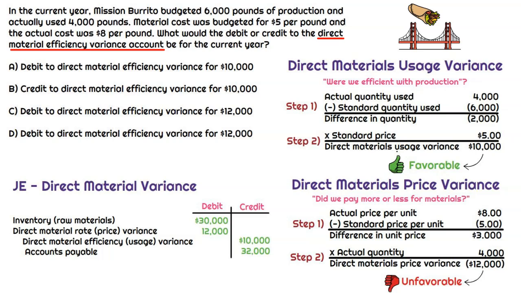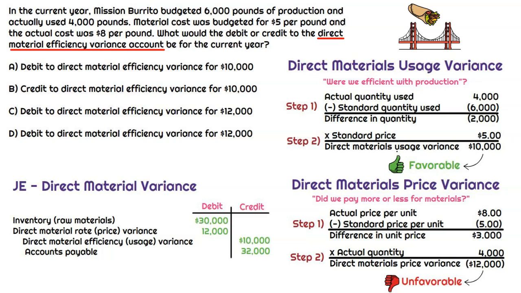So we'll have a debit to inventory raw materials for $30,000. Now for the variance that was unfavorable, that's going to be a debit here, and that's for the direct material price variance. Remember, that was $12,000. So we'll have a debit to the direct materials price variance for $12,000. That's going to increase inventory as well, because remember, we had an actual cost that was higher than the budgeted.